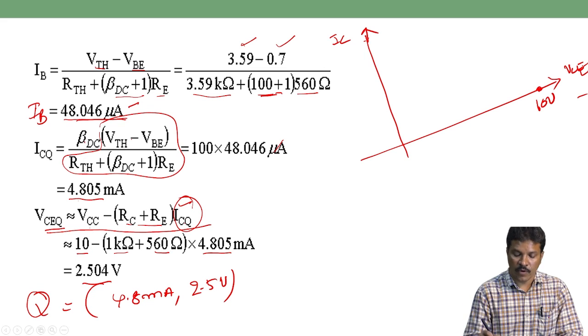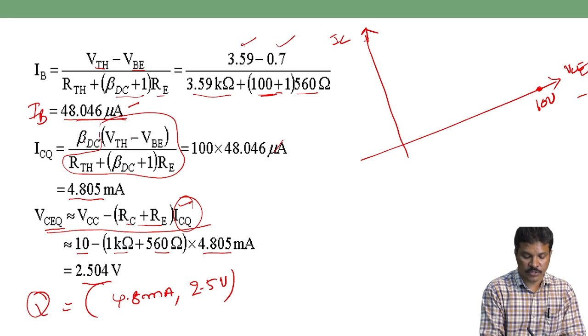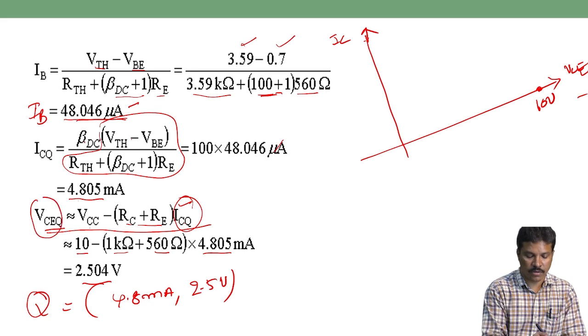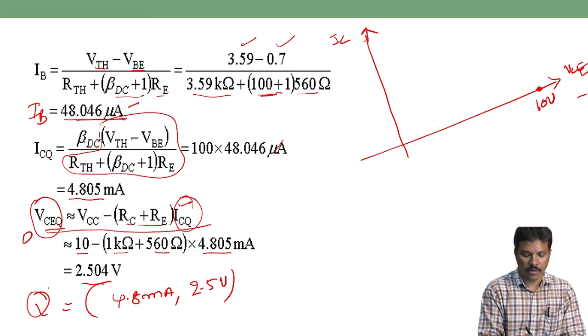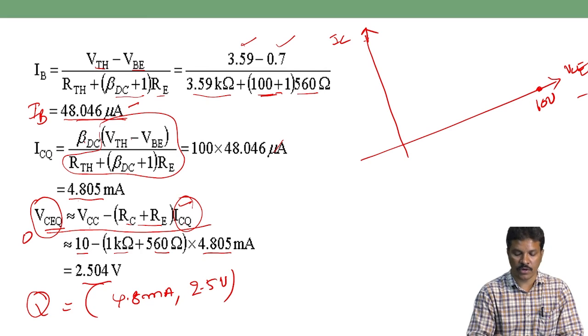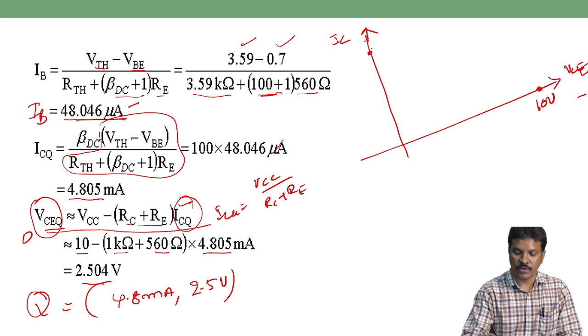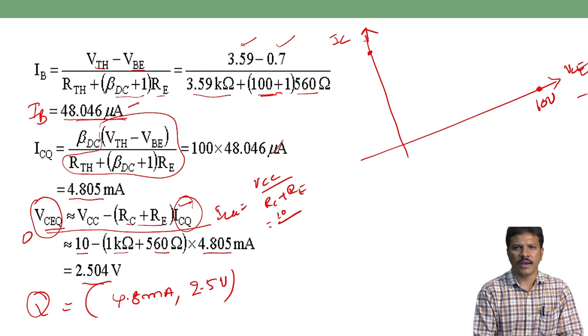And then what is the maximum point on the other axis? Substitute the x-axis variable 0. When VCE is 0, 0 is equal to VCC minus (RC plus RE) into ICQ, so ICQ is equal to VCC divided by RC plus RE.